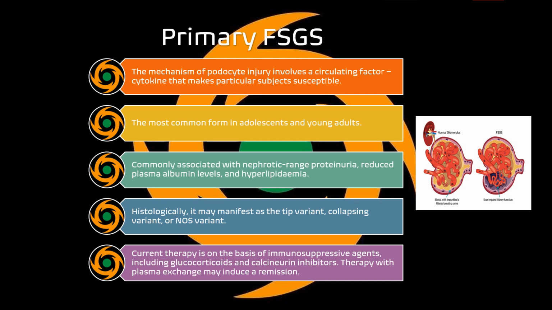So primary FSGS is where the mechanism surrounds podocytes. Podocytes are linked with nephrons and glomeruli, and are involved in a protective mechanism around the glomeruli.